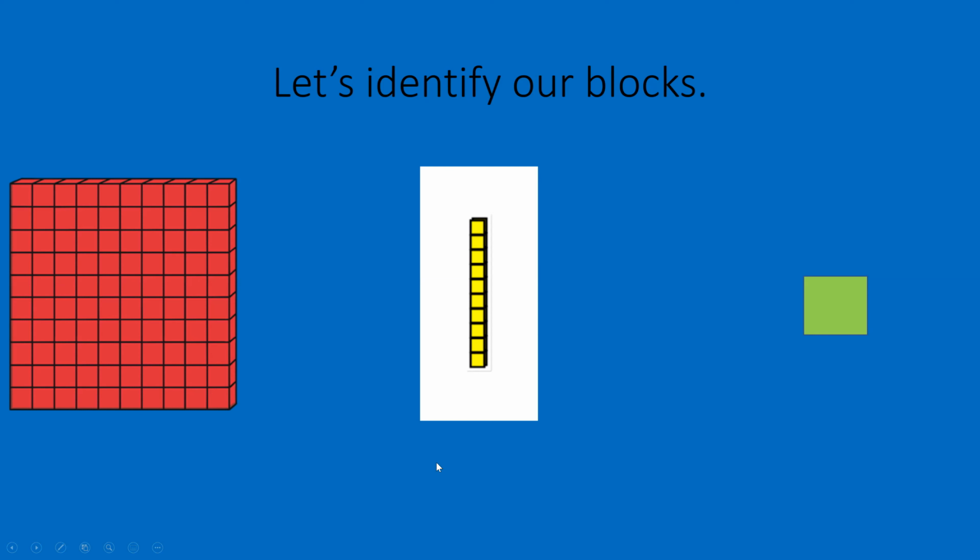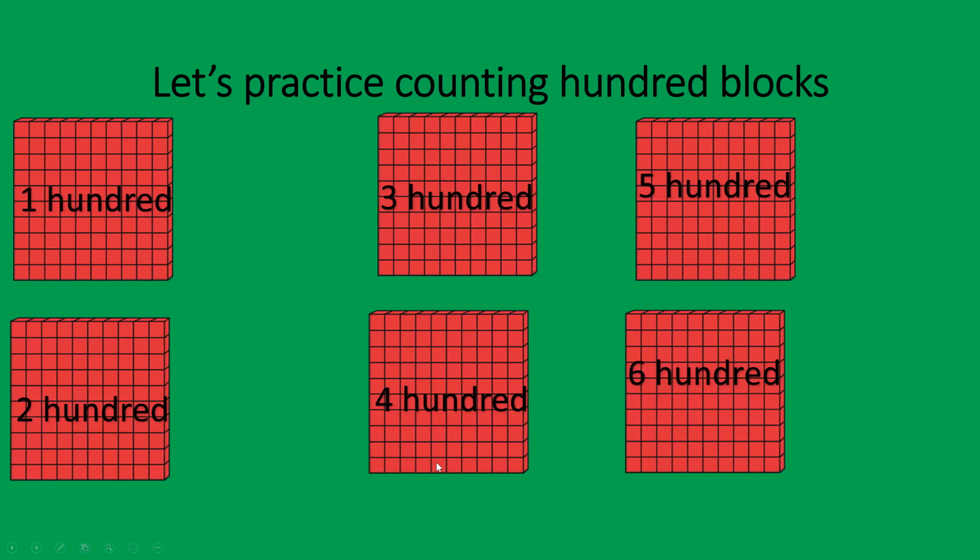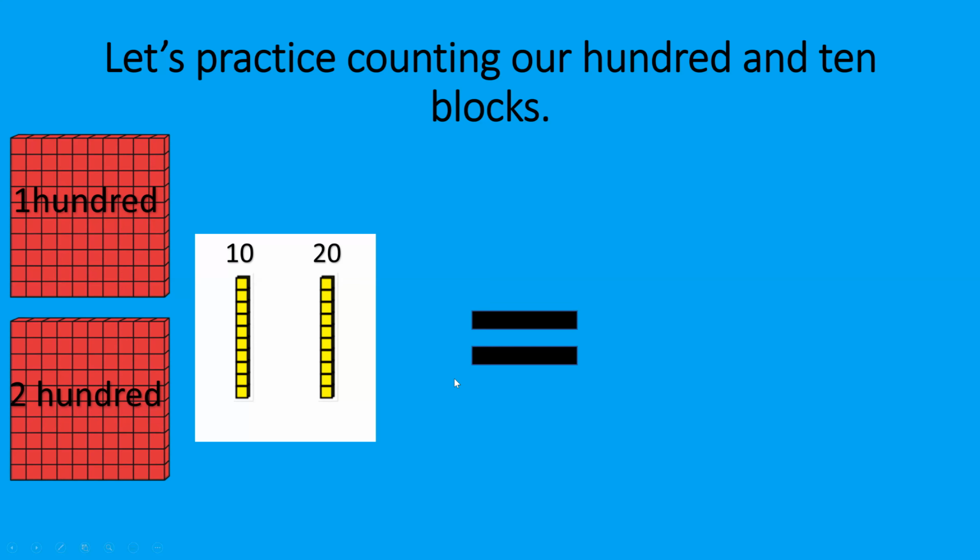Way to go, guys. So let's practice counting our 100 blocks. Are you ready? 100, 200, 300, 400, 500, 600. Great job. 600. Amazing. Now we're going to practice counting our 10 blocks together. I want to hear you. 100, 200, 210, 220.